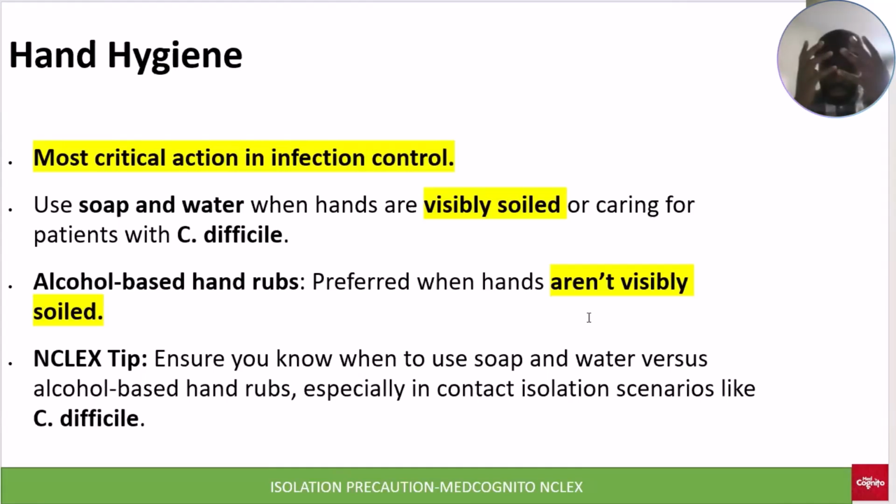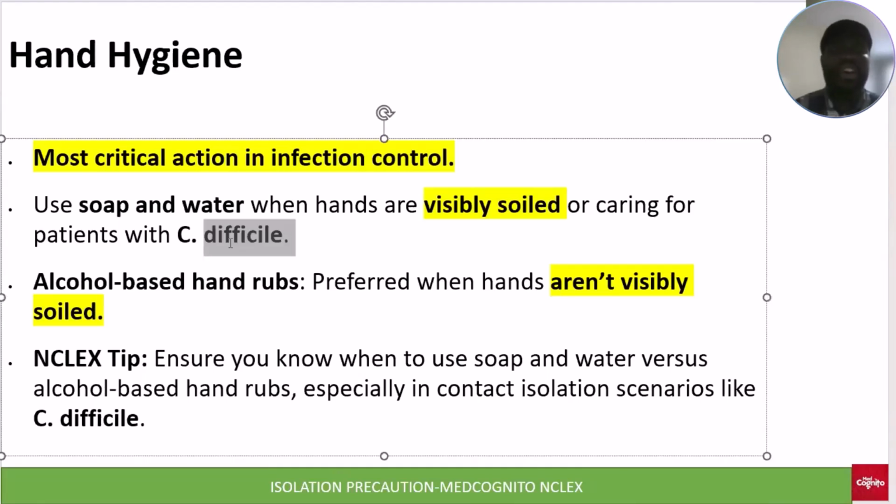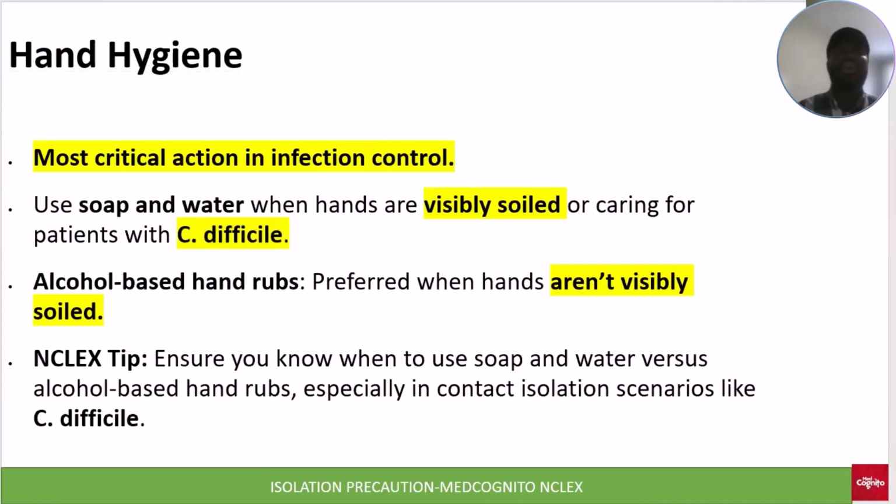Now, if your hand is visibly soiled with whatever, then make sure to use soap and water. Or if you are caring for a client with Clostridium difficile, please make sure you are using soap and water. Now, when it comes to alcohol hand rubs, what is the indication?